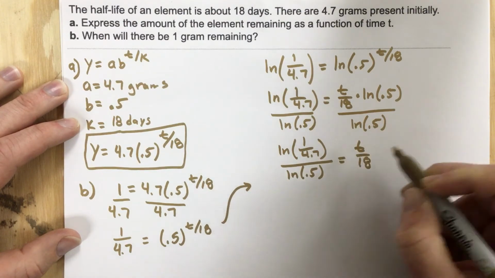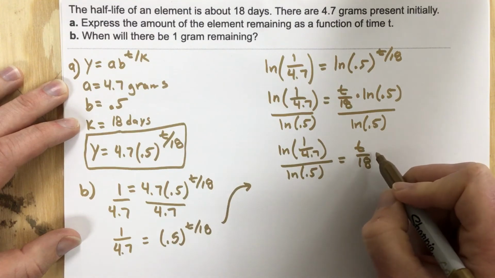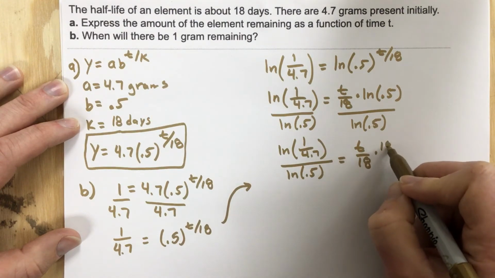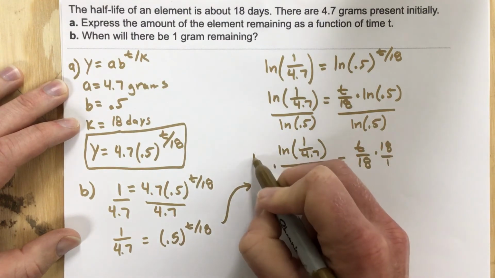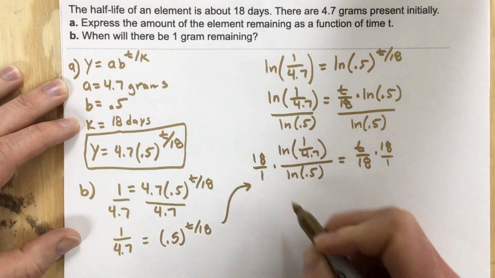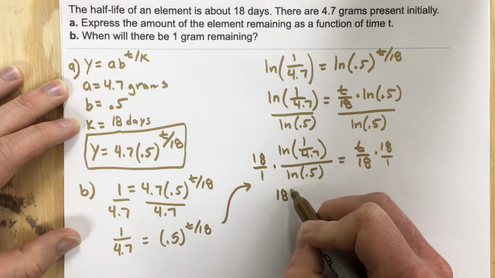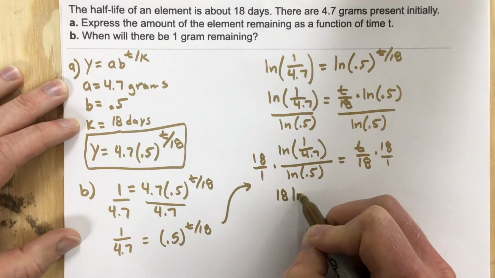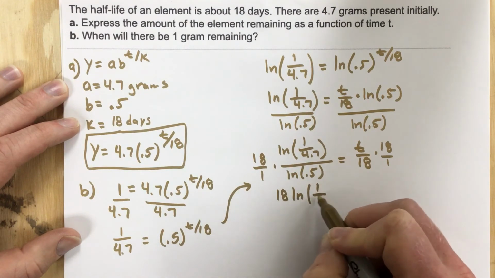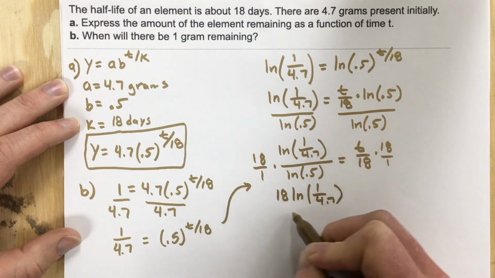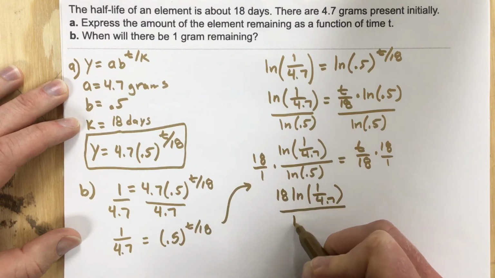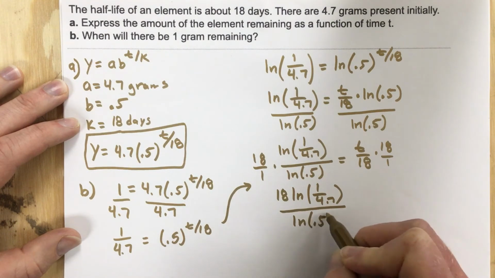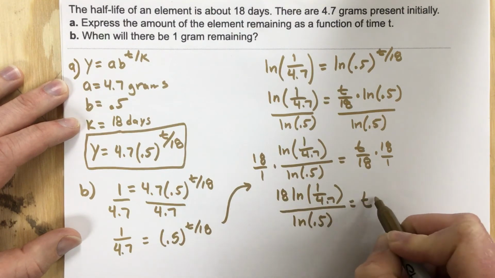Last step, I just need to multiply each side by 18. So I end up with 18 natural log 1 over 4.7 over natural log 0.5. And that's what the time's going to be.